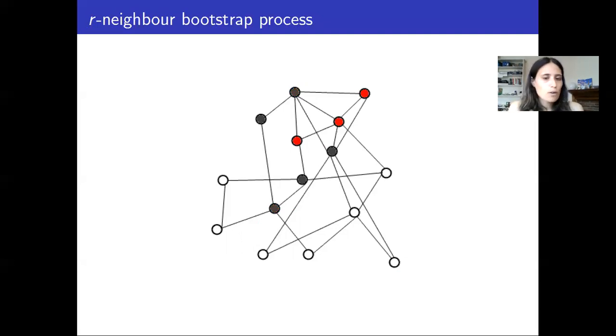And the process continues exactly like it did on the grid. So these 3 now have at least 2 infected neighbors, so they'll become infected. And now this has at least 2 infected neighbors, and so on. And eventually, the process will get stuck at this point because both of these vertices only have 1 infected neighbor in the graph, so it won't be able to spread. So in fact, our starting set here did not percolate.